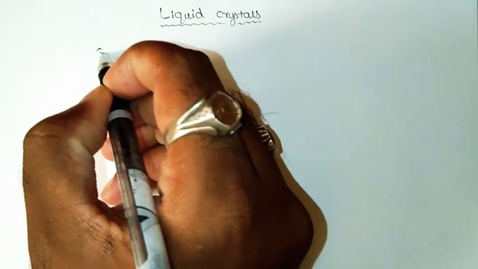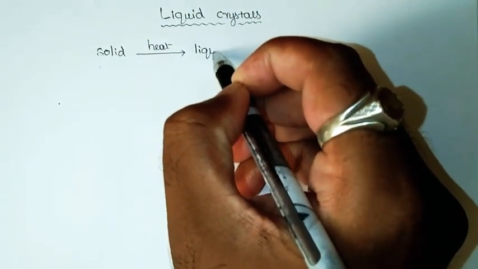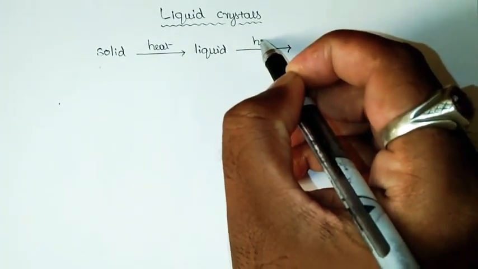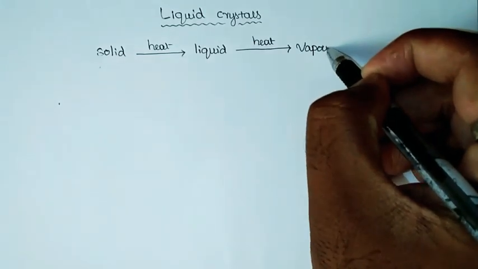That is, when a solid material is subjected to heating, the solid will change into liquid. And when the liquid form of the same matter is further heated, it changes into the form of vapor.